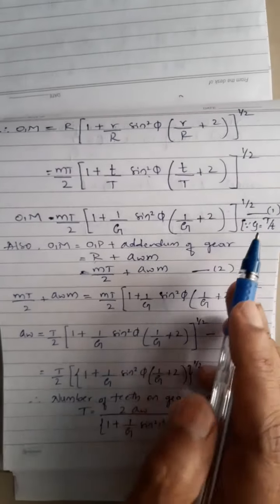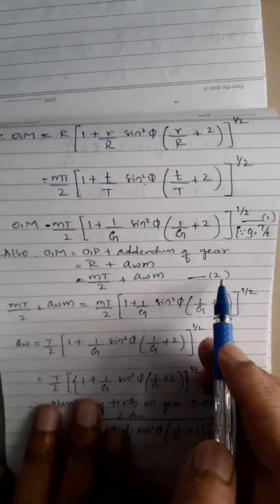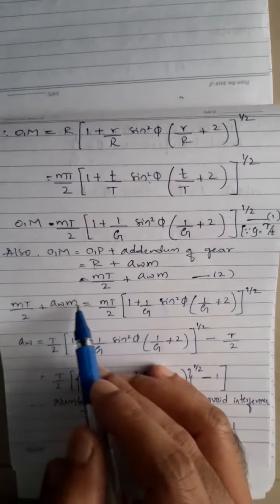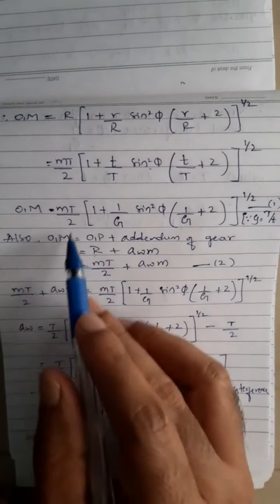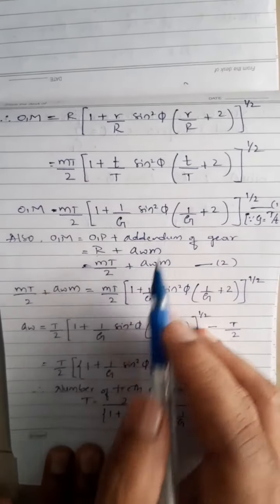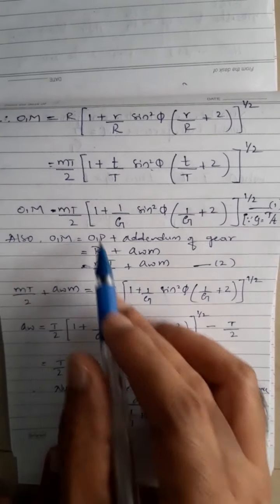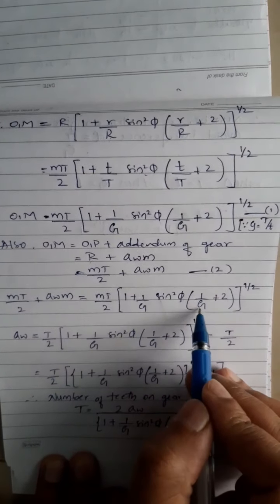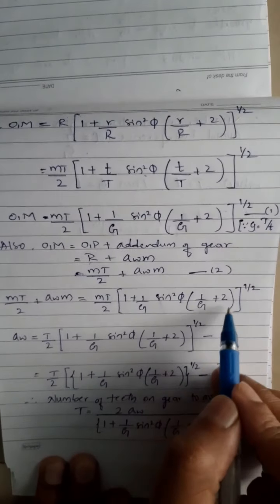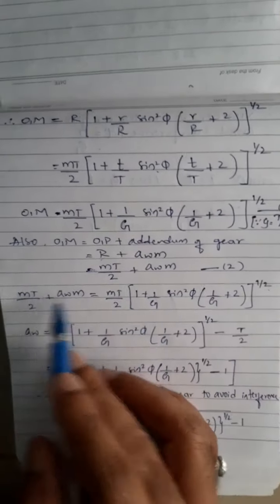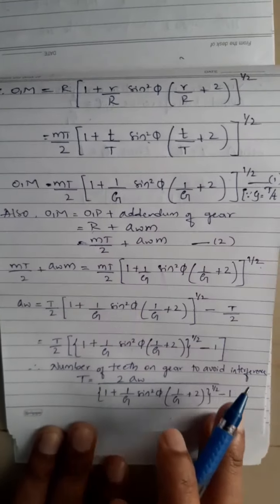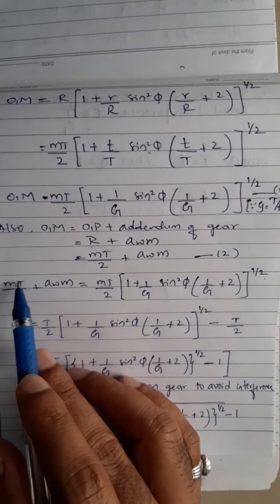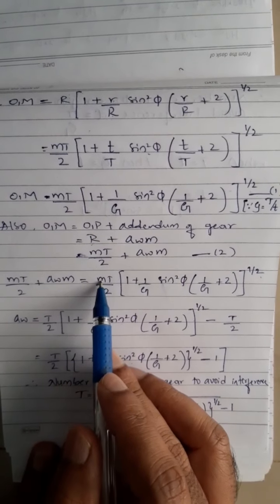Now equating equation number 1 and 2, we have mt by 2 plus aw into m is equal to this complete term, mt by 2 into 1 plus 1 by G sin square phi into 1 by G plus 2 whole raised to 1 by 2. So when we equate these two terms, we can cancel this module here, here and here.